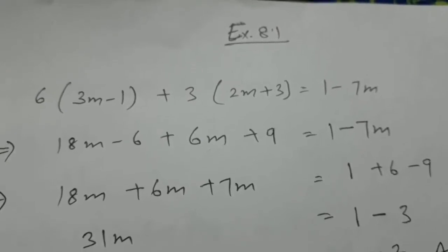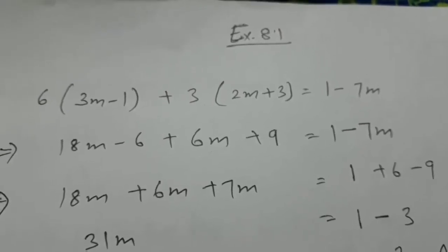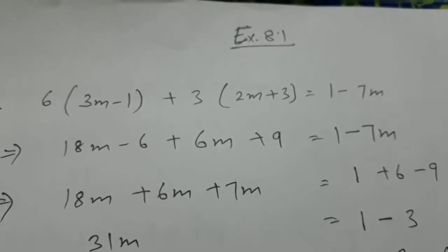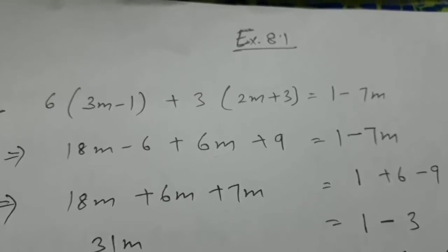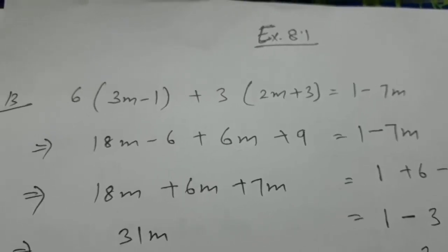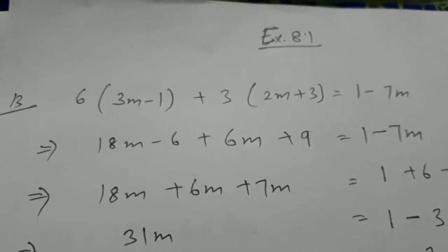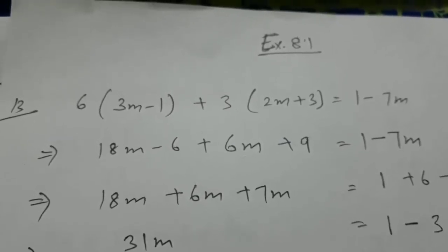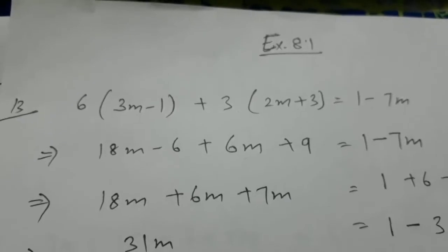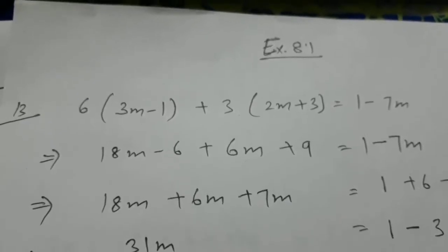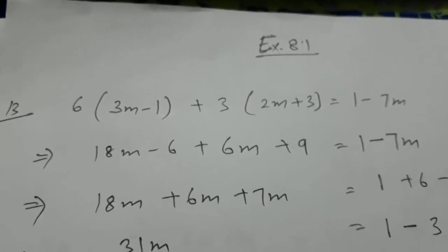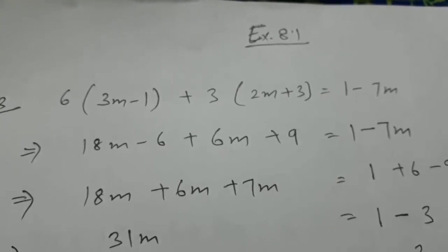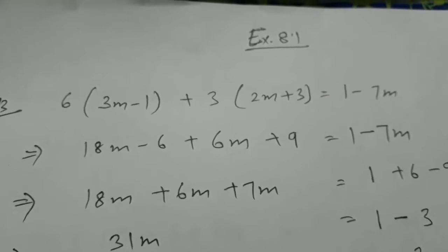Today in this video, I am going to solve chapter linear equations in one variable, exercise 8.1, question number 13, 14, 15 and 16. If you want to see the solutions of earlier chapters like rational numbers, exponents, square and square roots, cube and cube roots, algebraic expressions, factorization of algebraic expressions, and earlier solutions of linear equations in one variable, you can go by the description box where all the links are given.